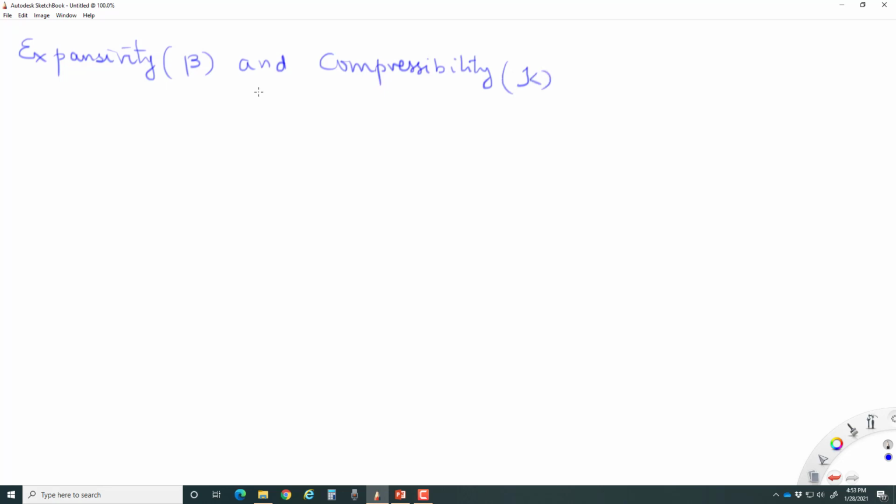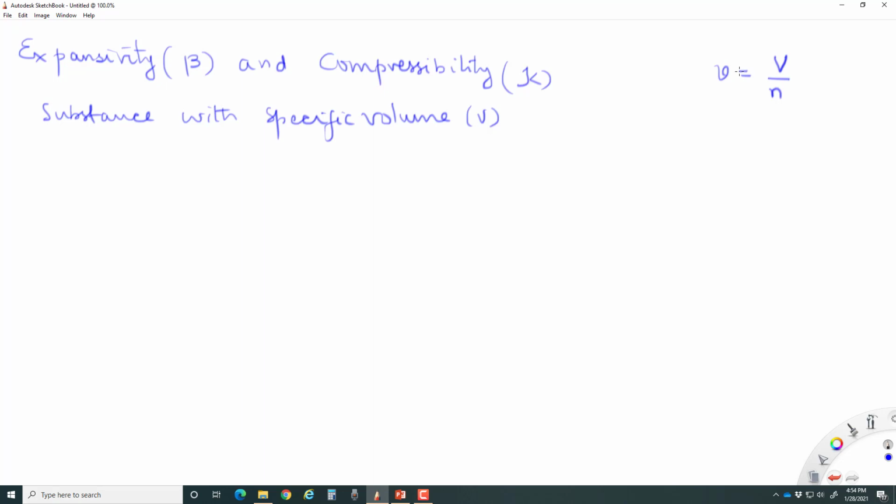Okay, so let's suppose some substance that has some specific volume V. Again, V is the specific volume, which is the big V over N. When the temperature or pressure of the substance is changed, it will respond to the change in temperature or pressure in a certain way.